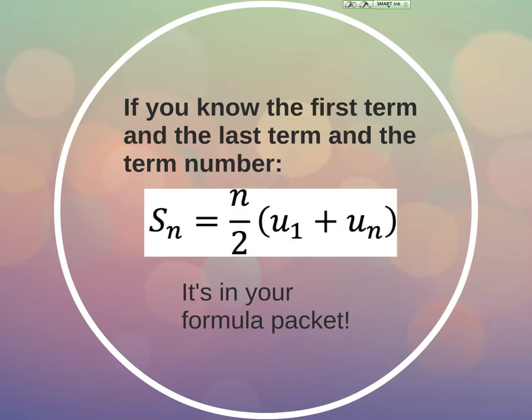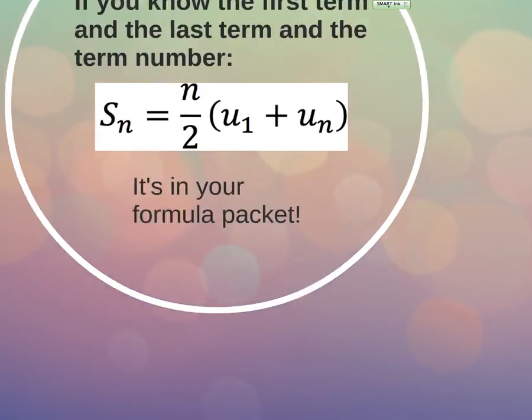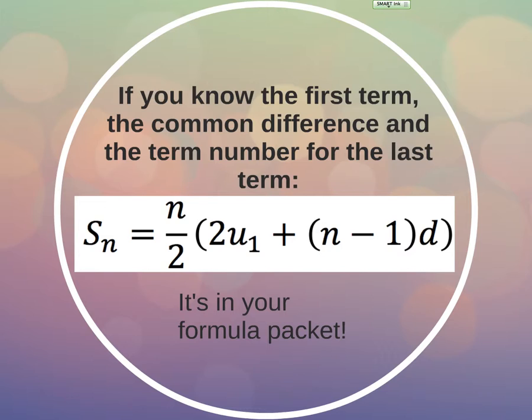So for the longer formula, you have to know the first term, the common difference, and the term number for the last term. You don't have to know what number is in that spot, but you need to know how many numbers you're adding up, and then you plug those in. So you use the term number twice. Like in that example, let's say it's the 25th term, you would plug that in.